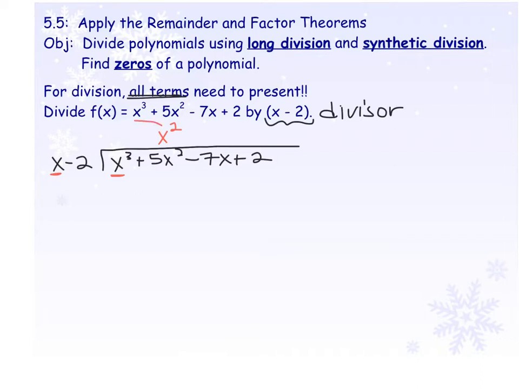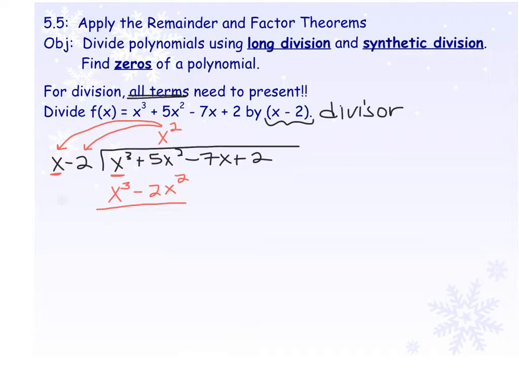Then we're going to distribute it to both parts in the divisor. X squared times x would become x cubed. Match it up with your column. X squared times negative 2 would be negative 2x squared. That matches up in the second column. What we're going to do here is figure out the difference, or what's left over.